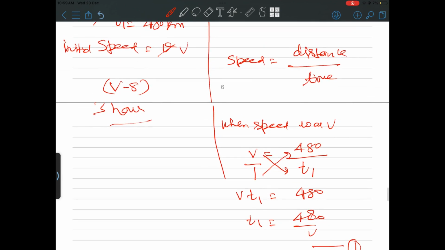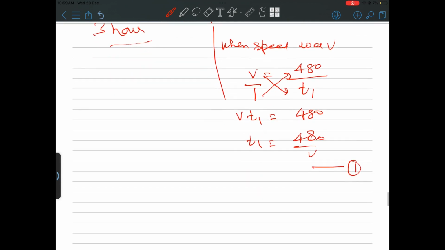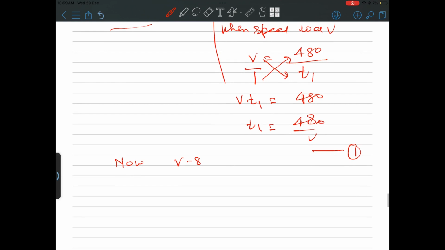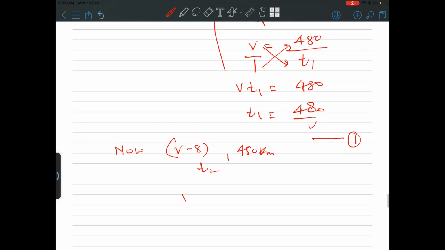Now what it says, the speed was less by 8 kilometers per hour. So now we assume the speed was v minus 8, but the distance was the same, 480 kilometers, right? And the time should be maybe t2. Time is changed. So v minus 8 is equal to the distance, which is same, upon time t2.